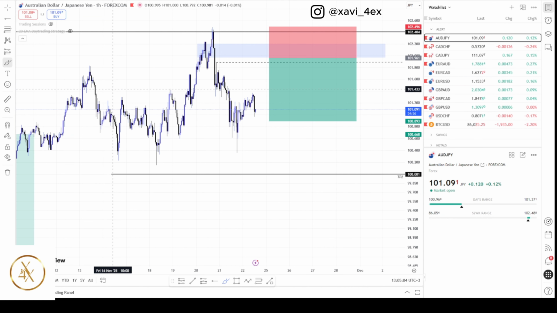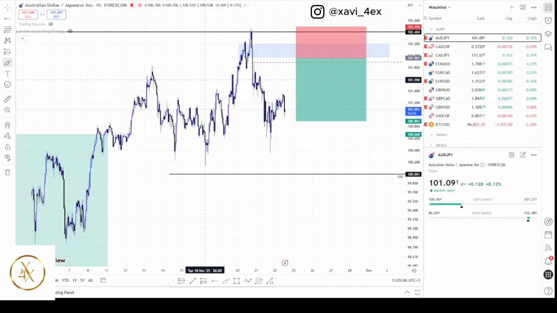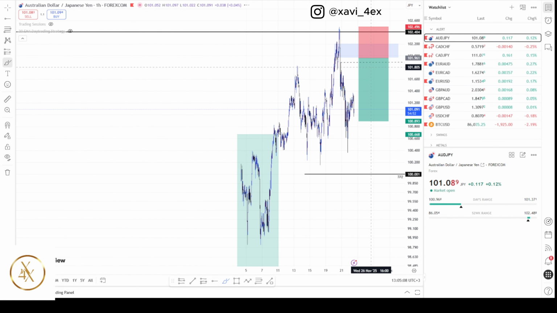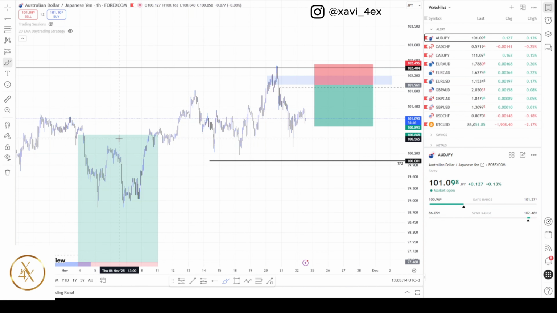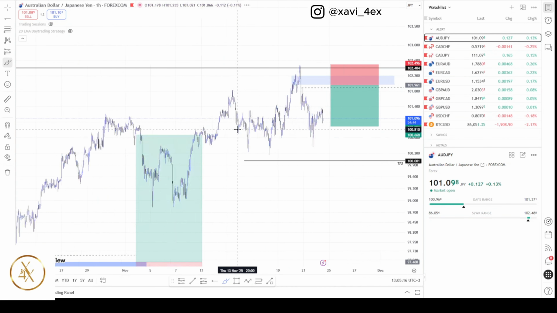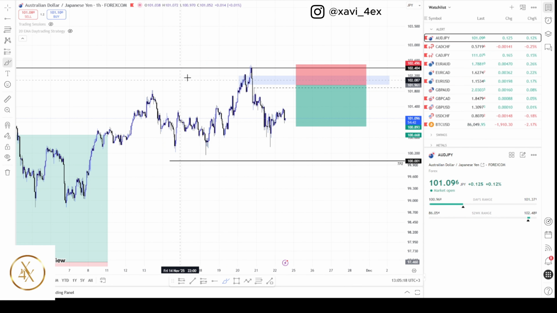So we have price coming from down, and all of a sudden we see a change. So this was the last high that was created here.